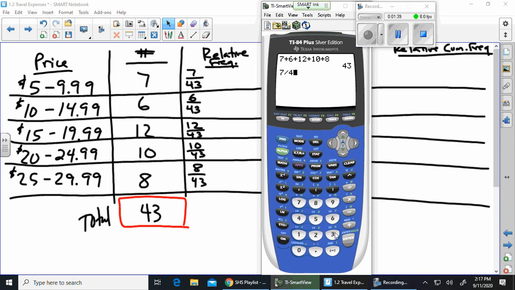7 divided by 43. Round it to 3 decimal places.